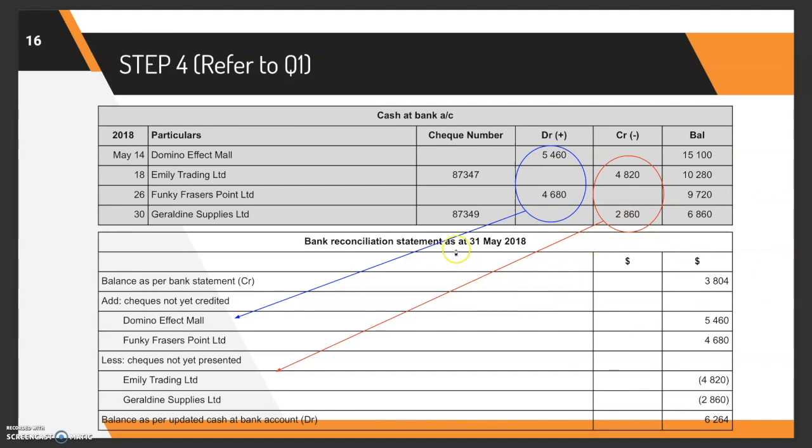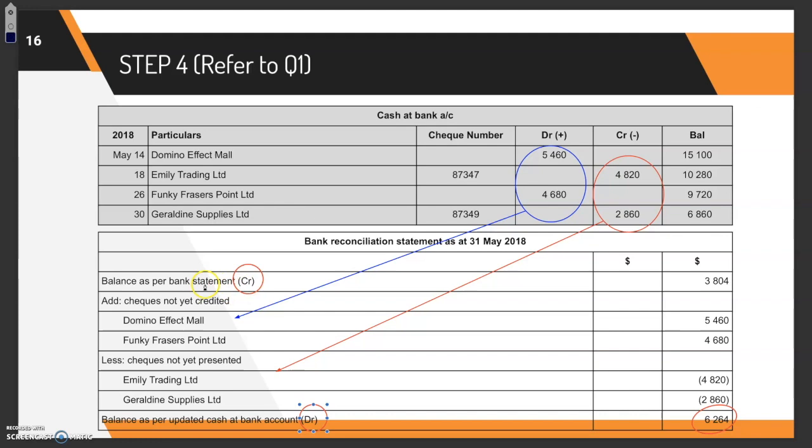Here you can see that we just list out the names, the amount, and we got the 6264, which is similar to the updated cash at bank account. The one thing that students commonly don't understand is this: where do they get the information about the credit and debit? For the balance as per bank statement, you refer to the one in the question paper. You see a credit balance.